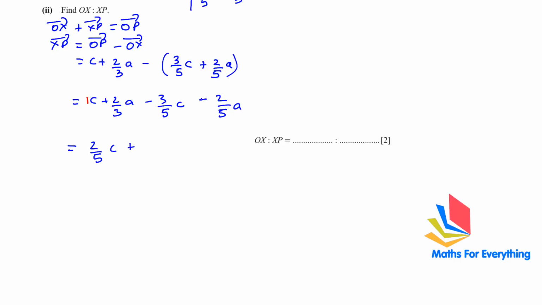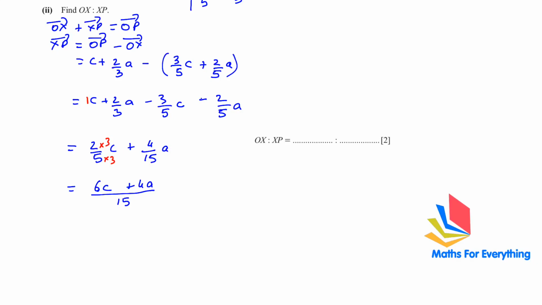And 2 over 3 minus 2 over 5 will give us 4 over 15A. To write it as a single fraction, we will multiply the denominator with 3 so that it is 15, and now we can write it as a common fraction. 6C plus 4A divided by 15.